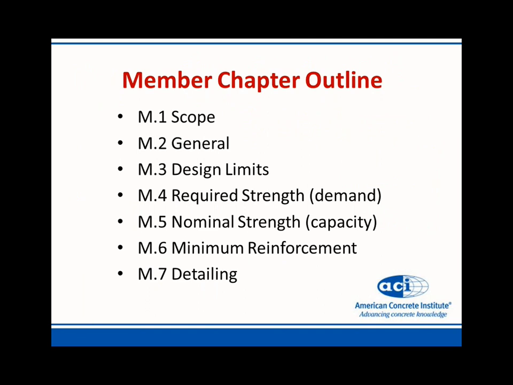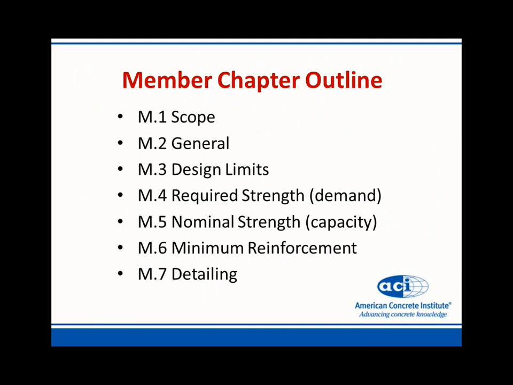I think one of the best features of the reorganized code is in the member chapters. They're all organized exactly the same way. They all have 7 identical sections. They're not identical, but the headings are identical. And we tried to make it the flow of what a designer does in the design of a member.